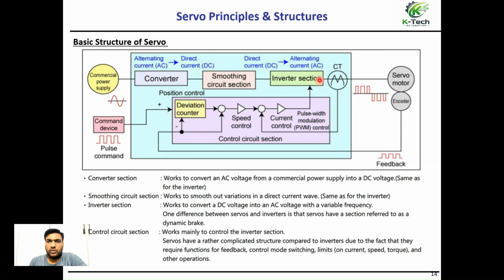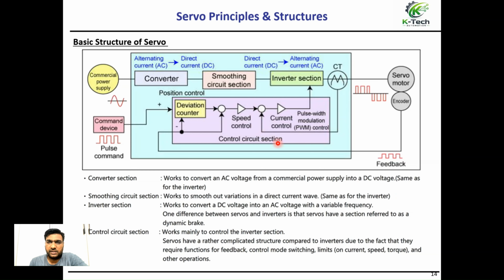Here we have the CT. The CT is important for torque control, because torque is calculated based on the current. So the current will be fed back to here. Whenever you give a command or any torque mode, it will take the feedback from the CT.